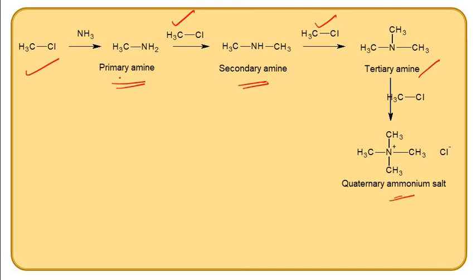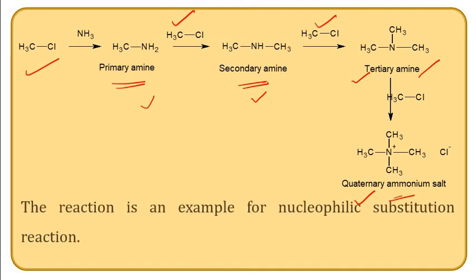So we got primary, secondary, tertiary and quaternary ammonium salts as a mixture of amines. Another important point: this reaction is an example of nucleophilic substitution reaction.